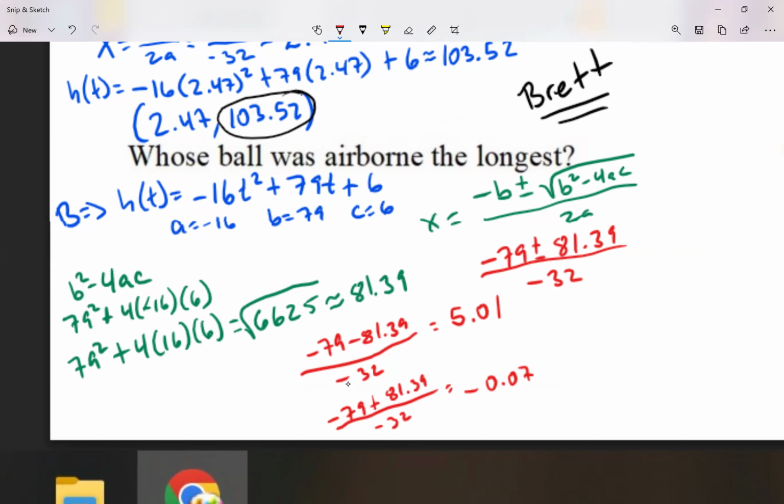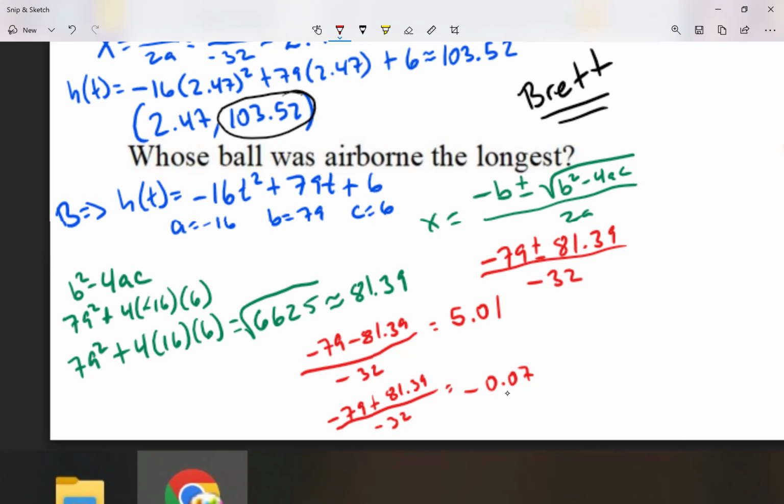Now let's talk about the meaning of those. My first zero means that 5.01 seconds after Brett threw the ball, the ball hit the ground. So the ball was up in the air for about 5 seconds. My other number says that 0.07 seconds before Brett threw the ball, it hit the ground.